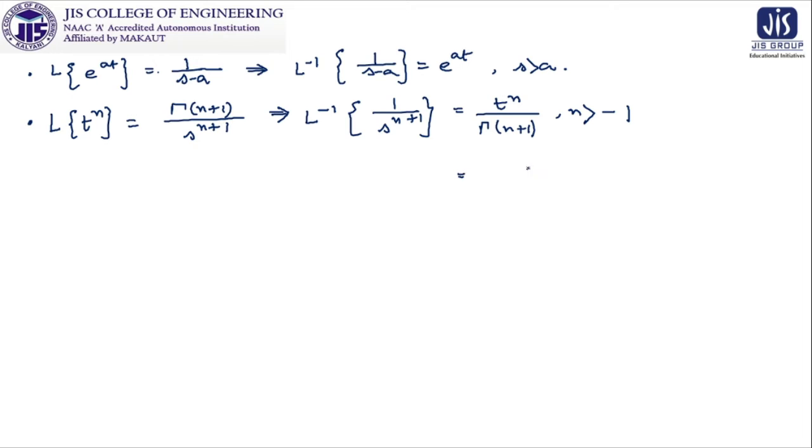Using the property of gamma n plus 1, we can write it as t to the power n by n factorial if n is a positive integer.